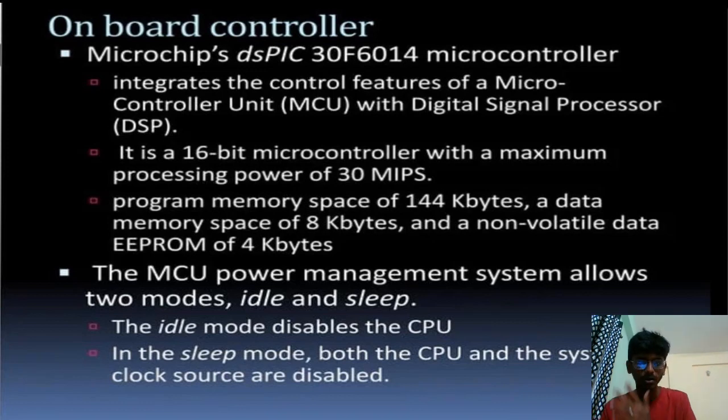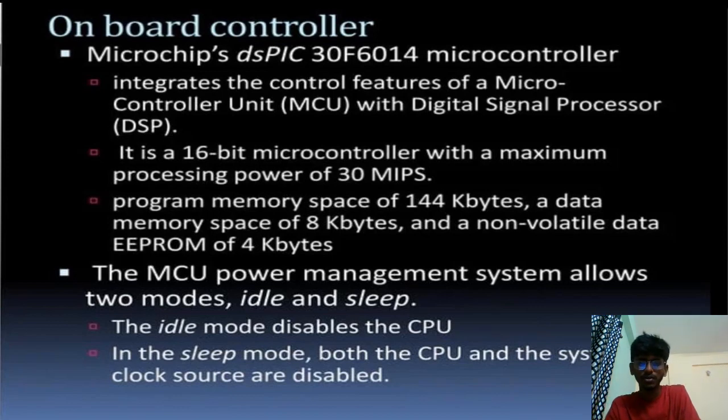30F6014 microcontroller. It integrates the central features of a microcontroller unit with a digital signal processor. It is a 16-bit microcontroller with a maximum processing power of 30 MIPS, program memory space of 144 kilobytes, data memory space of 8 kilobytes, and non-volatile data EEPROM of 4 kilobytes.